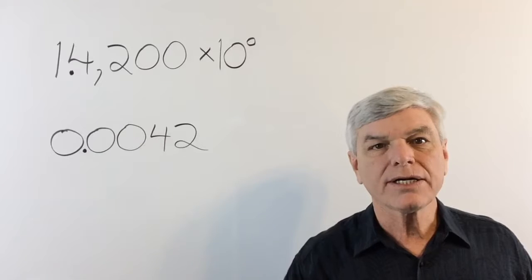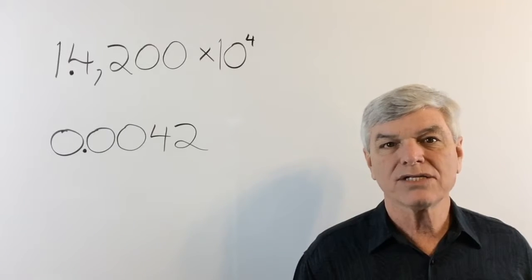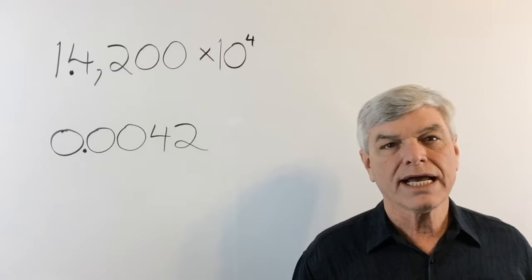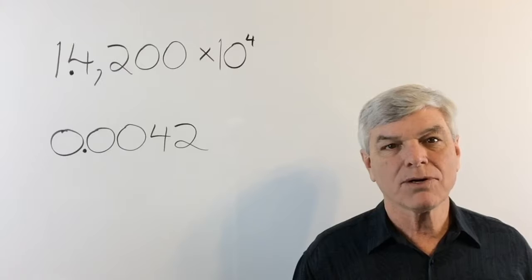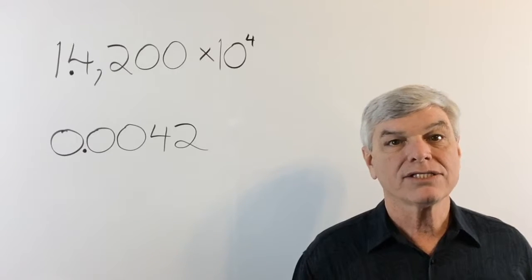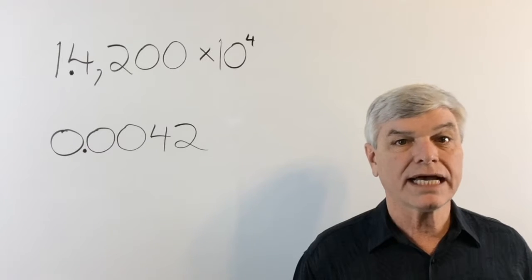So what do you think we're going to do with the exponent on that 10? That's right, as we move the decimal point 4 places to the left, we're going to elevate the value of the exponent by the same amount. 4 to the left, and so it's going to be 10 to the 4. And if you put that in a calculator, you're going to see that both of those numbers are the same.